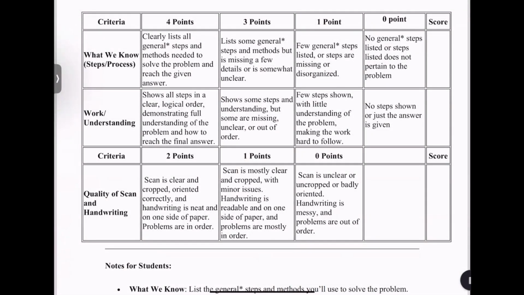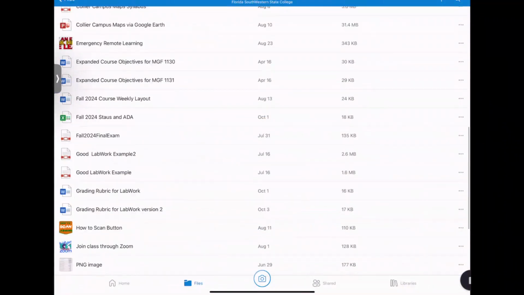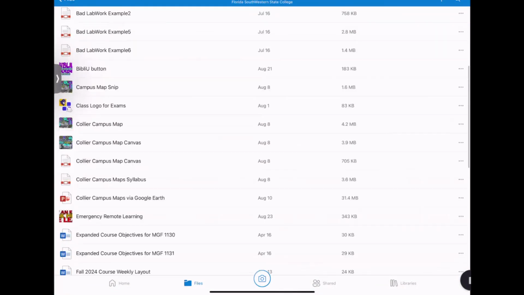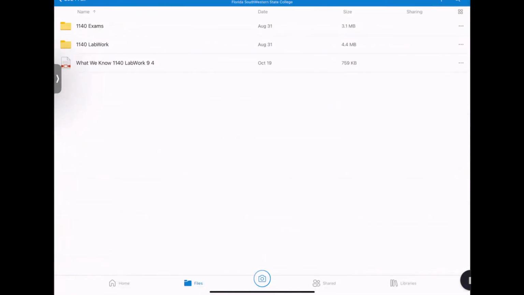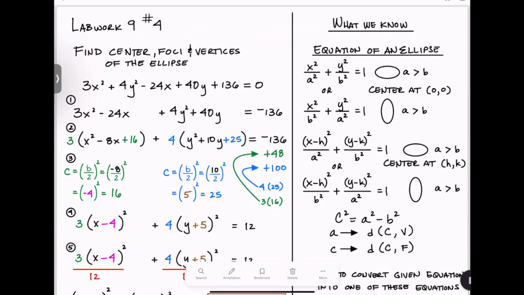So it's still 3, 2, 1. There's no 0. So the top is 3, 2, 1. The bottom is 2, 1, 0. So looking at that rubric, and looking at this that I sent you, how would you grade yourself?